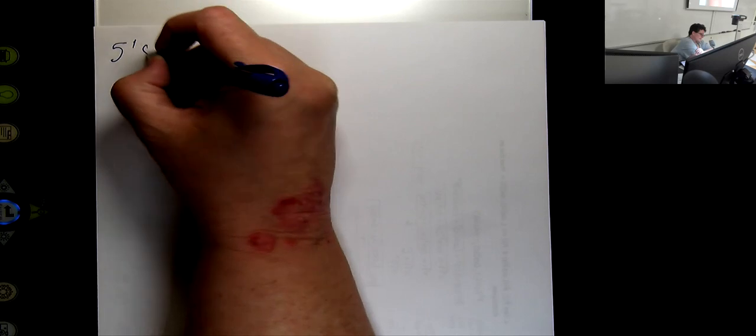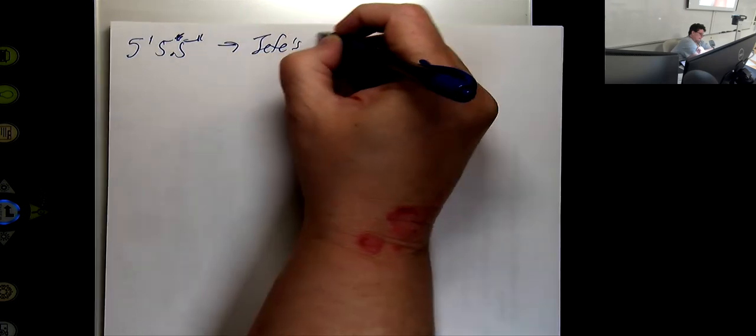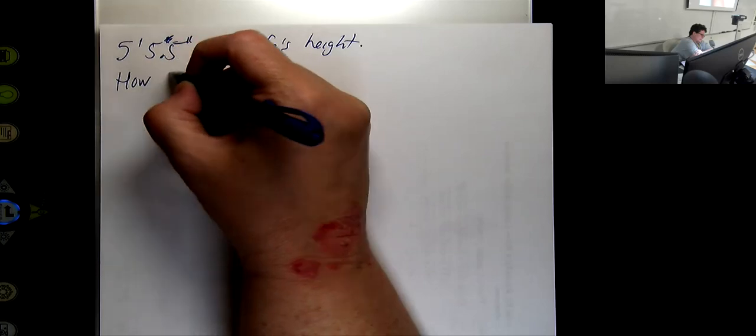Let's do it. I am 5 foot 5.5 inches. That's Hefe's height. How tall is he in the metric system?